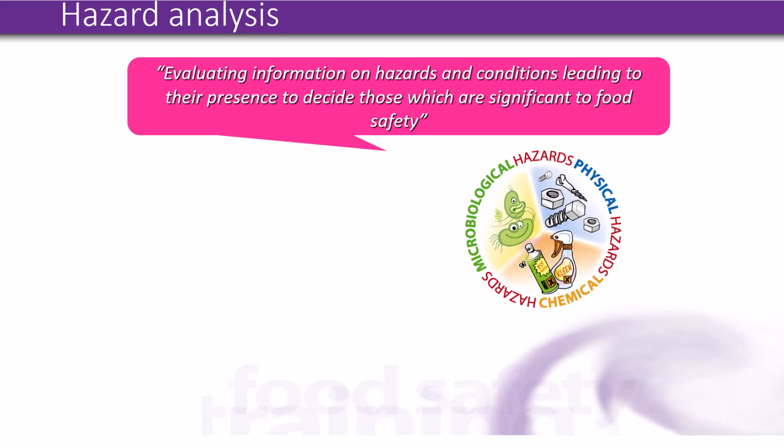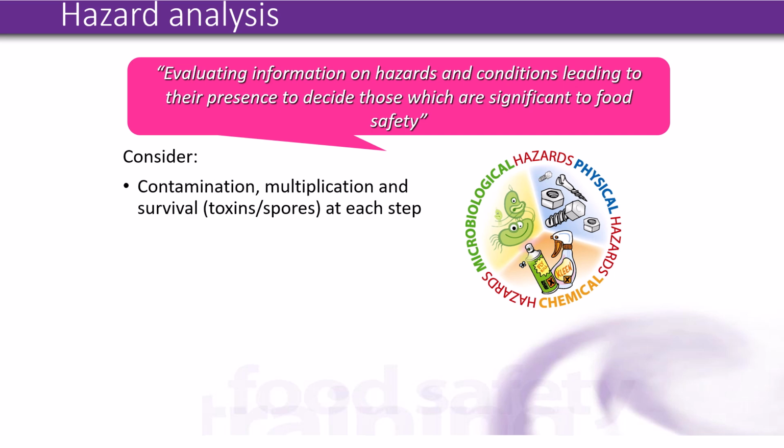So hazard analysis, the definition for this is evaluating information on hazards and conditions leading to their presence to decide those which are significant to food safety. You need to consider contamination, multiplication and survival of toxins or spores at each step.